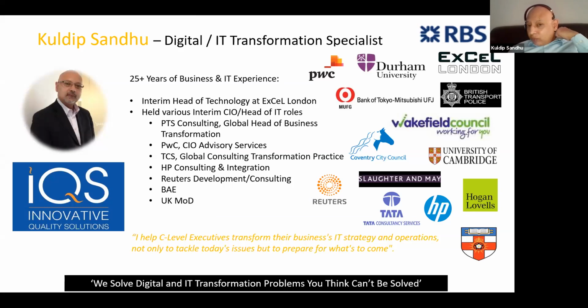As you can see, I've worked in management consultancy for about 10 years, in industry for about 15 years. I've worked as an interim executive, and over the last couple of years, I had the pleasure of transforming the IT function at the Excel Convention Centre, where I was helping them become a smart venue. And you can see the plethora of clients that I've worked at in the past.